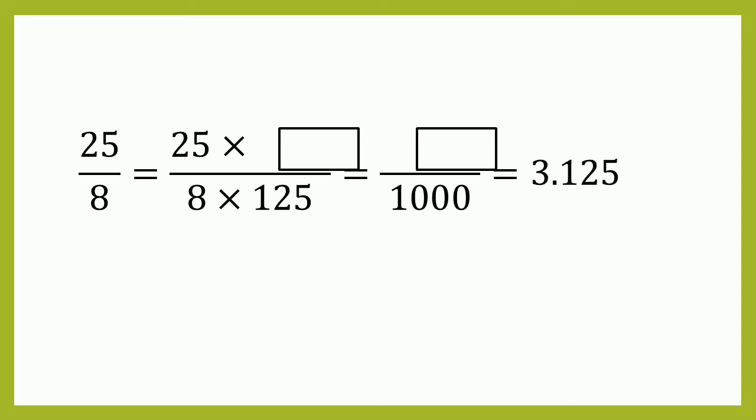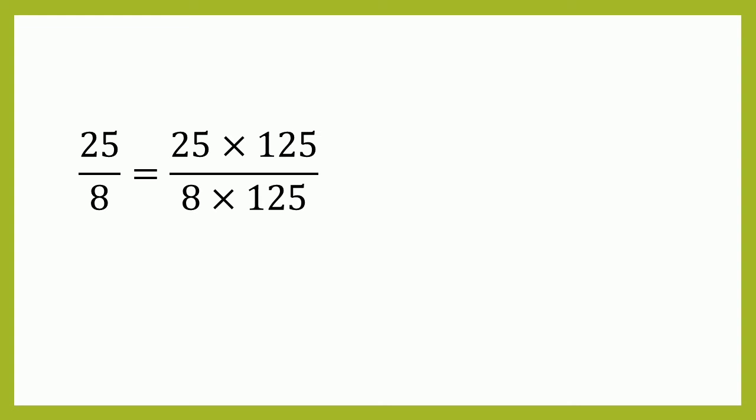So we will multiply 8 by 125 and do the same operation on 25. So 25 into 125 gives us 3125 upon 1000.